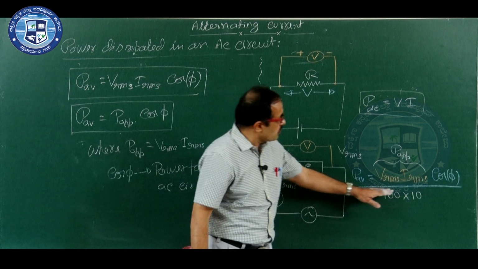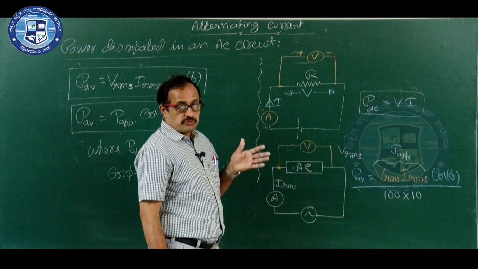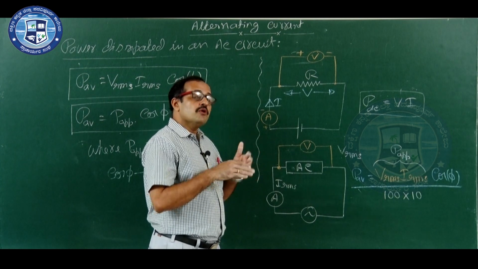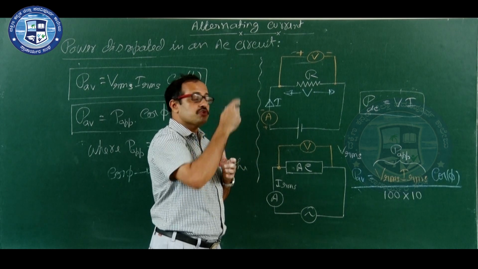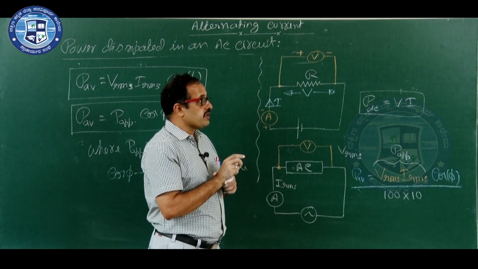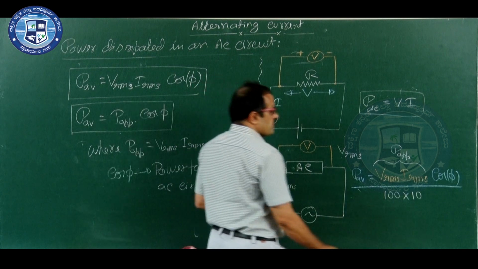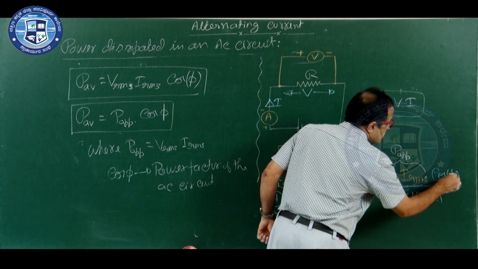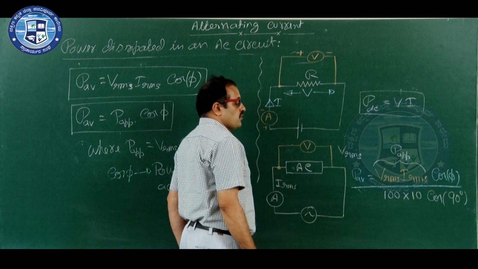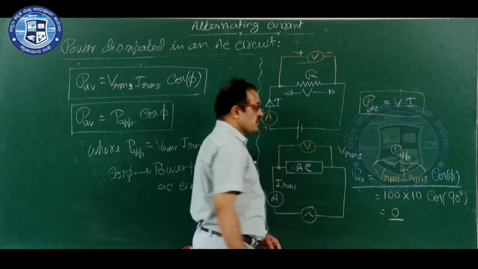And what we think, there is a lot of power consumption because voltmeter reading is high, ammeter reading is high. Power consumption, what we expect, is also high, but your idea may be correct or wrong. The reason is, if phase difference is 90 degree, cos 90, then what is the answer? Answer becomes 0.